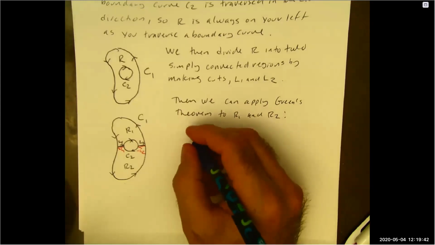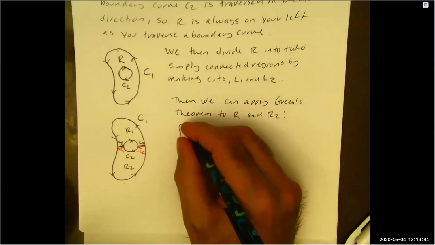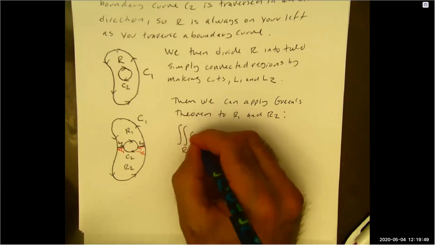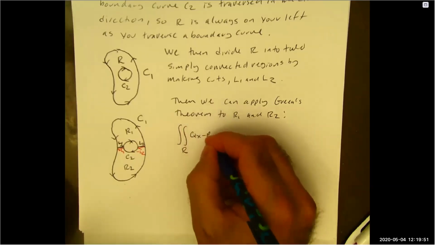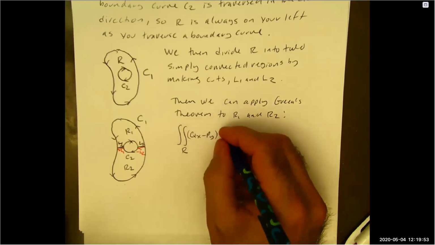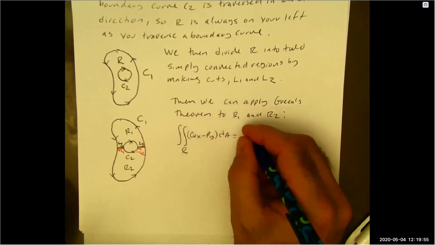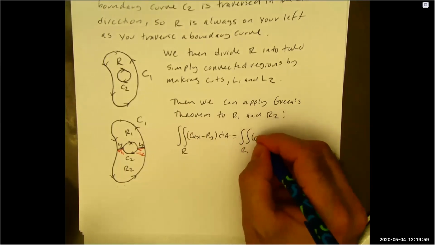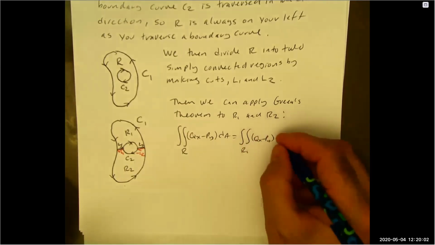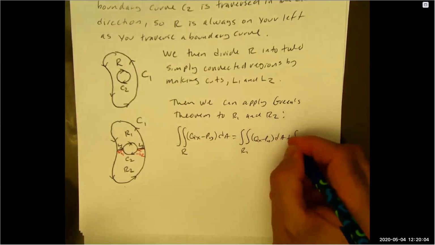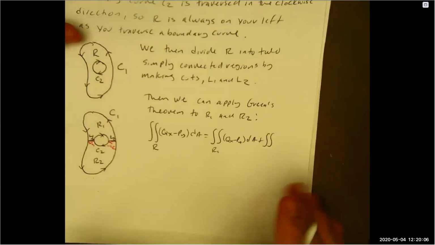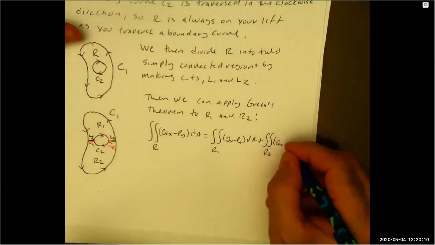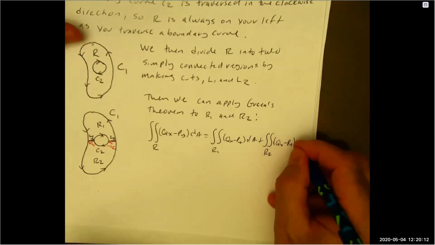So if we look at the double integral over R of qx minus py dA, we can write this as the double integral over R1 of qx minus py dA plus the double integral over R2 of qx minus py dA.